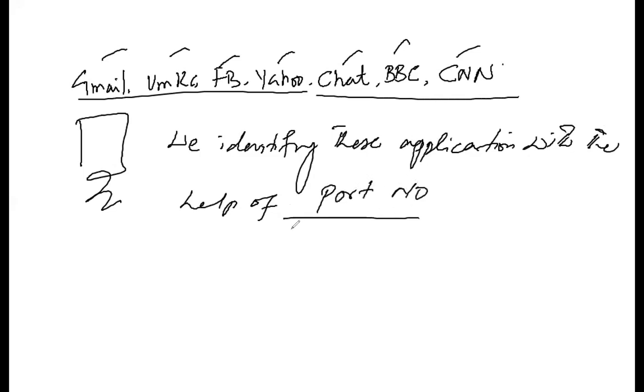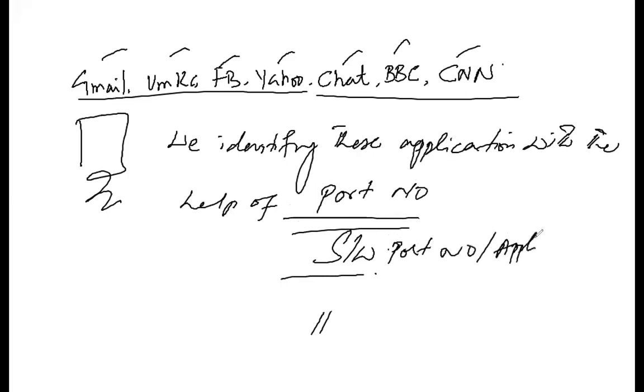And this port number is actually the software port number. We also have a hardware port number, but this is actually a software or application port number. The hardware port number is different than this one. So this is actually the way we are looking at it.